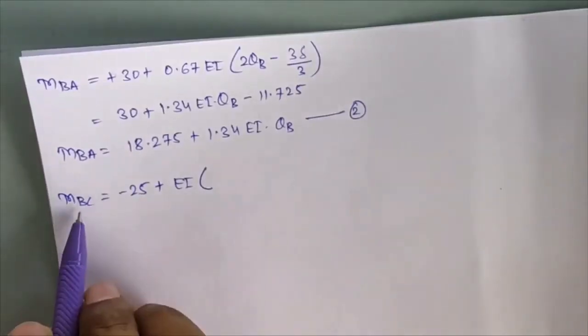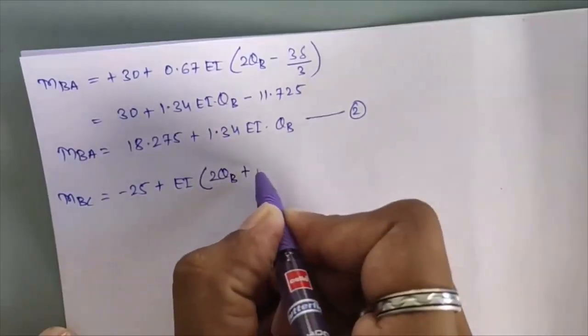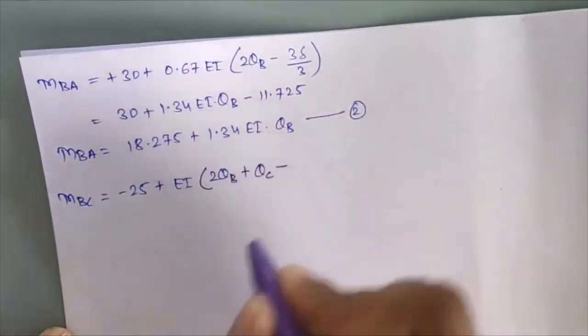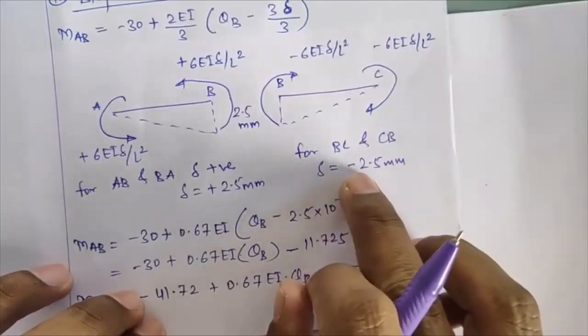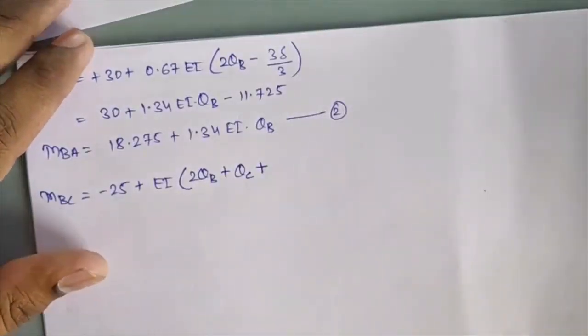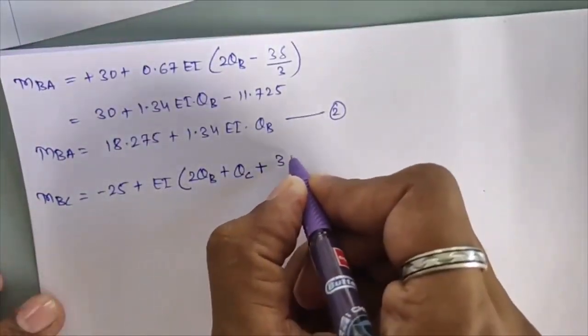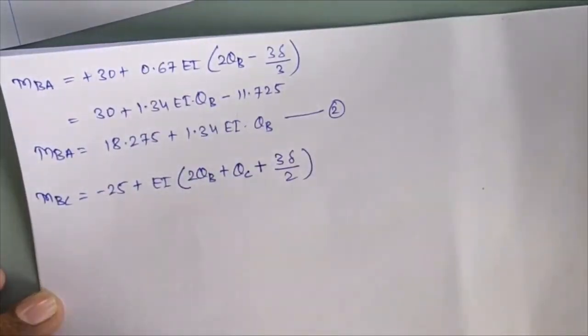Near end is now B, far end will be C. So I'll get this as 2 theta B plus theta C minus 3 delta upon L. Now if you observe, for members BC and CB you have to substitute that delta as negative. So that minus will make this sign plus, into 3 delta divided by L for member BC, where L is equal to 2.